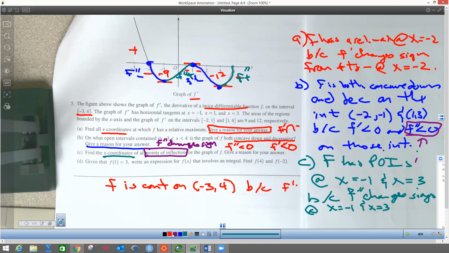Now again, do you notice that right here I used F double prime, and we really don't have F double prime up here.